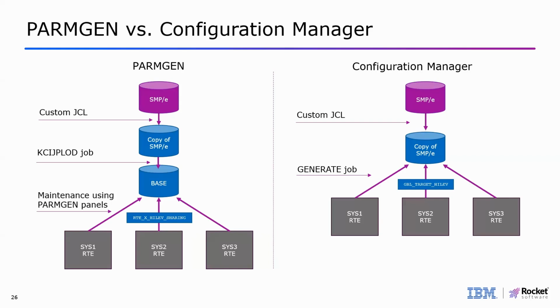More than that, you can also do multiple copies of those SMP environments, and we will see what benefits that can bring to you. So effectively, if you're coming from ParmGen having sharing with base, the answer in Config Manager is use target copies that we manage for you, and you don't need to do any more custom JCL to manage those copies independently. Okay.